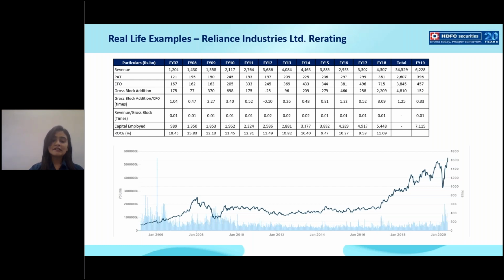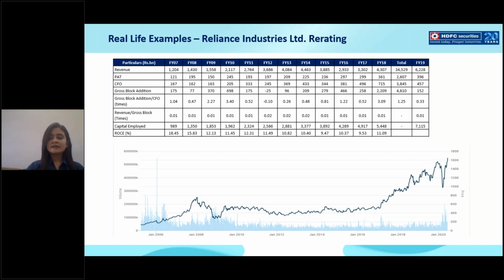The 10-year return of Reliance between FY08 and FY18 was almost around 5%. The stock didn't move because they were constantly doing capex, and there was no sign of earnings. So investors were worried, and the stock remained stagnant for almost 10 years.